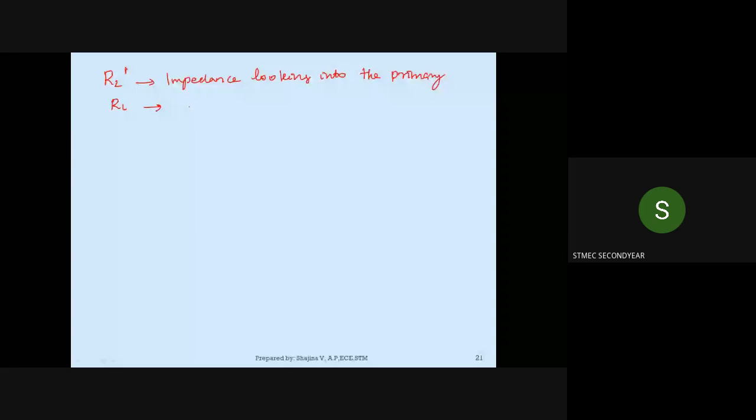We have this voltage and current relation, as I already told. Let RL dash be the resistance or impedance looking into the primary, and RL is the resistance of the load, or load resistance simply.